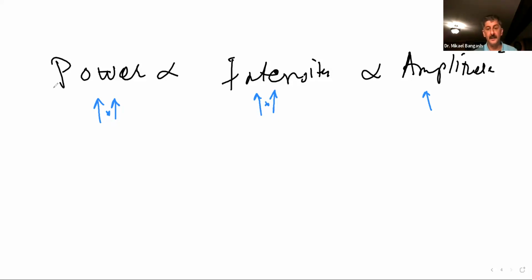Likewise, if we say decrease, we have a greater change in power and intensity compared to amplitude.